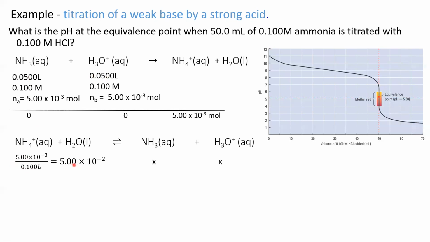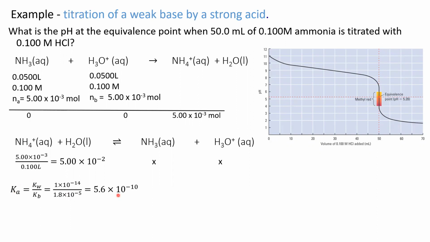A little bit of it is going to react. We're going to get X amount of ammonia and X amount of hydronium. I'm going to give you this, you'd look it up. The Kb for ammonia is 1.8 times 10 to the minus 5. The Ka for ammonium is 5.6 times 10 to the minus 10.